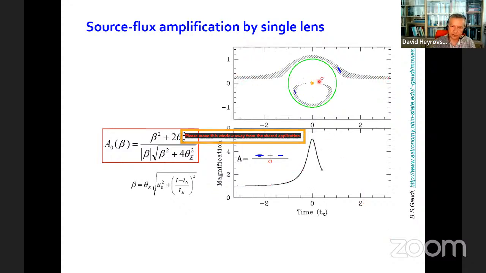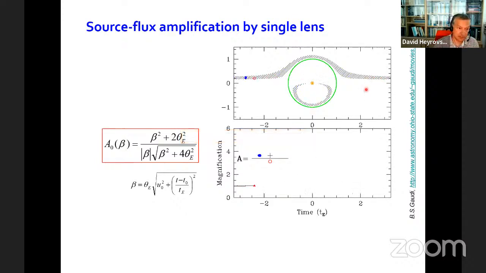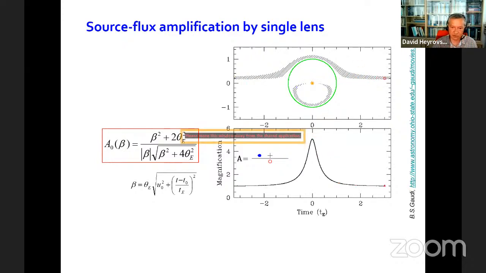In the top, you have the lens star in the foreground, and the source is the small red circle which passes in the background. The 2 blue things are the images that you would see if you could resolve it, but you can't see that, it's too small. Instead, you see this amplification of the source flux, which is given by this light curve below here. So it's just the sum of the sizes of the images divided by the size of the source. And in this particular case, you can get 5 times higher flux from the background star.